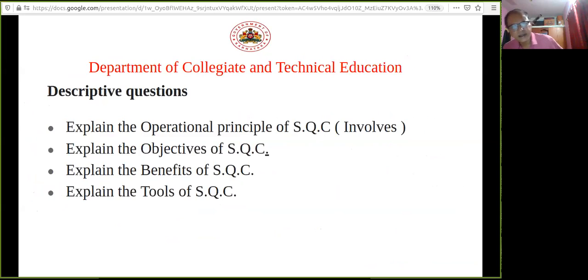Then we studied the next descriptive question, that is, explain the tools of SQC. Because of the use of statistical quality control tools, the industry enjoys a lot of things: no scrap, no waste, less time in inspection, and improved quality. So naturally, the economic benefit enjoyed by the industry by using the tools of statistical quality control is more.